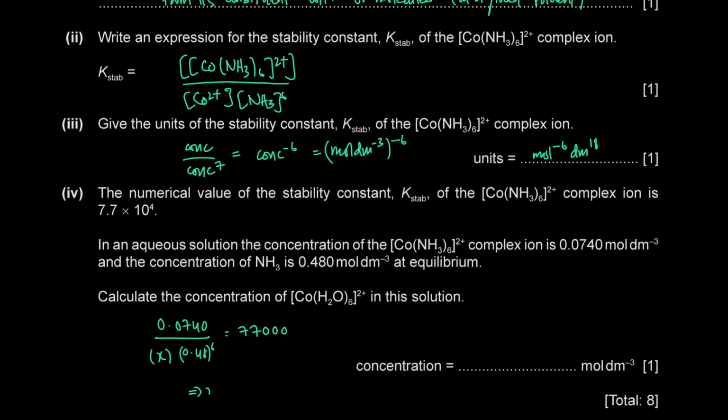So this gives us a value of X as 7.86 into 10 to the power of negative 5 moles per decimeter cube. So that's the concentration of cobalt 2+ ions, or cobalt 2 hexaaqua ions in solution. So 7.86 into 10 to the power of negative 5.